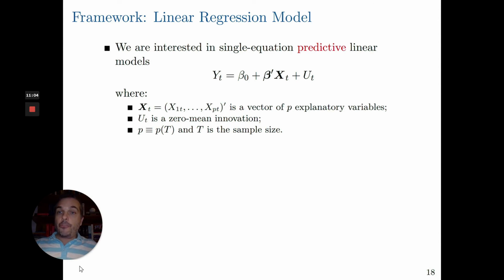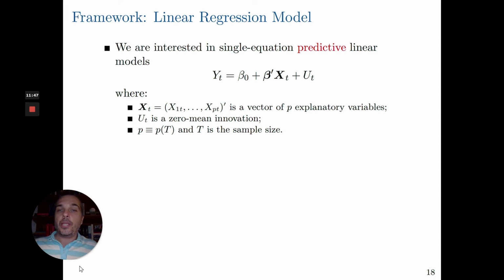If we assume that P is fixed, under these asymptotics, in the limit when T grows, P will be smaller than T. No way P can be larger than T, because P is fixed and T is growing, so there will be a certain point where T will be larger than P. So the traditional asymptotics cannot be good finite sample approximations for situations where P is larger than T.